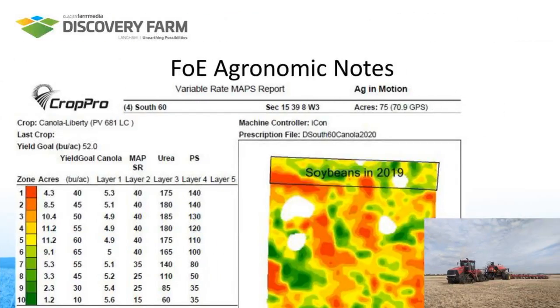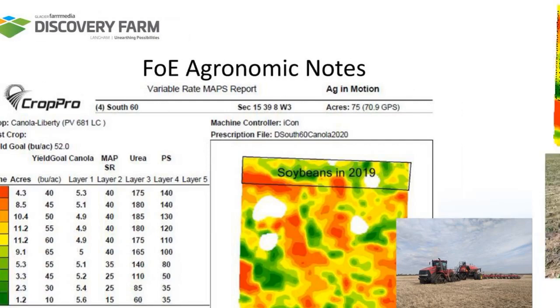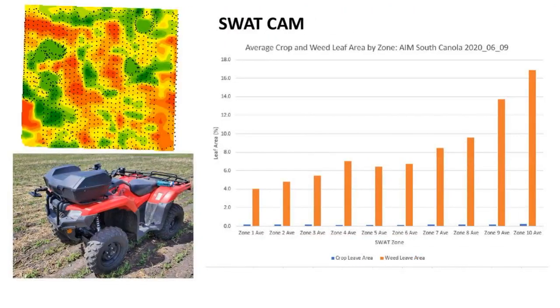This is a similar prescription that was developed for our canola field. So again, we have our 10 zones on the left and our rates of canola seed, as well as our 3 fertilizer blends.